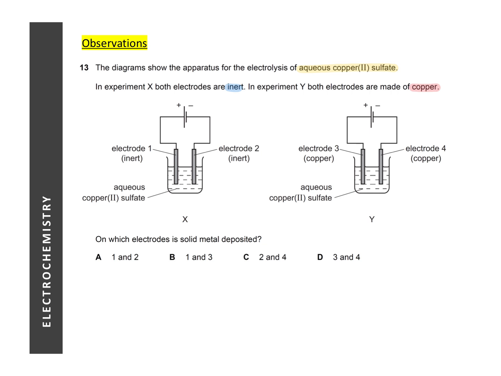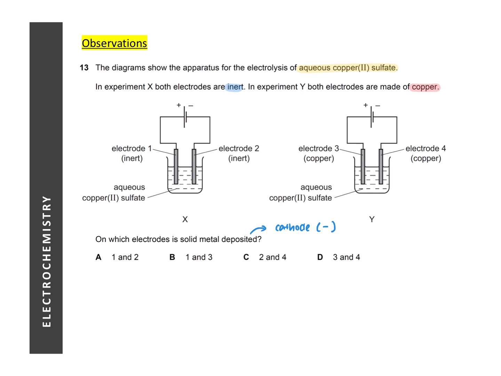So in our case studies of the electrolysis of copper 2 sulfate solutions, we know that a metal, your copper, is deposited at the cathode, which is your negative electrode. So in this case, the observation at the cathode is not affected by whether the electrode is reactive or inert.